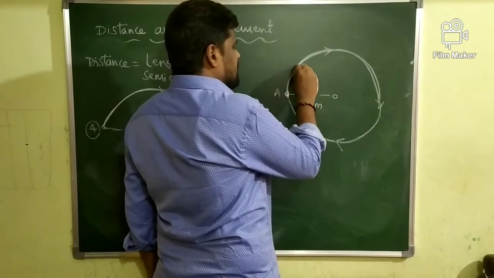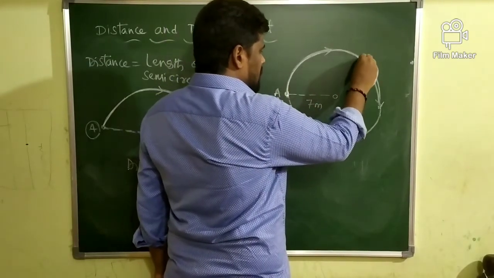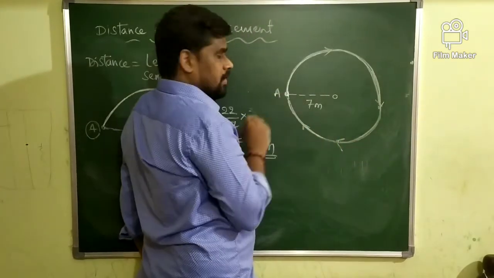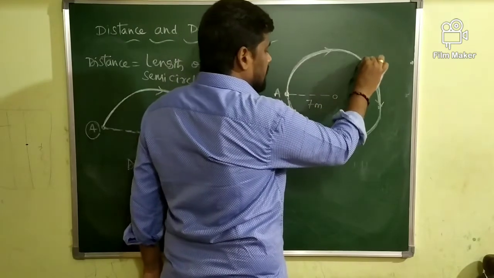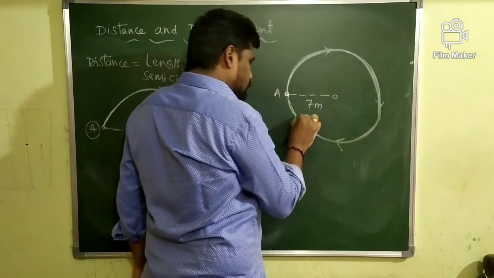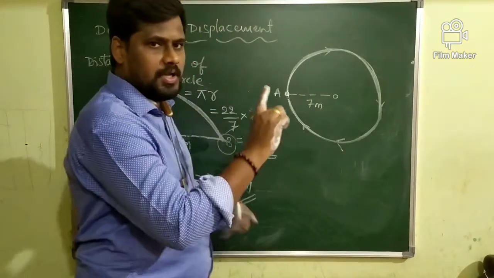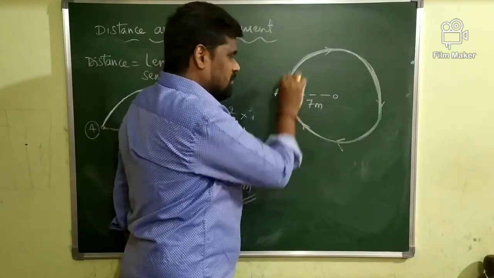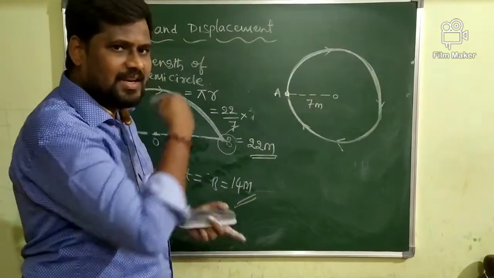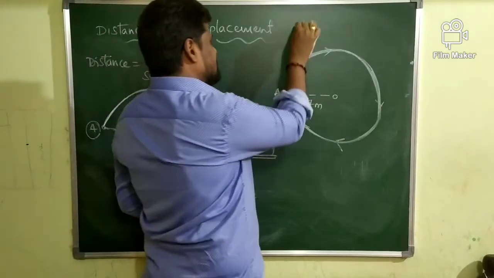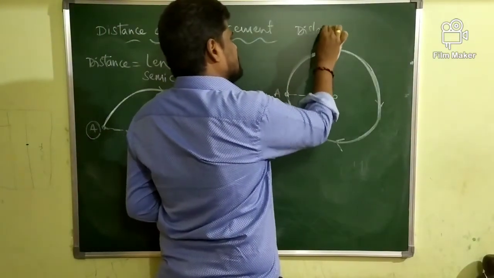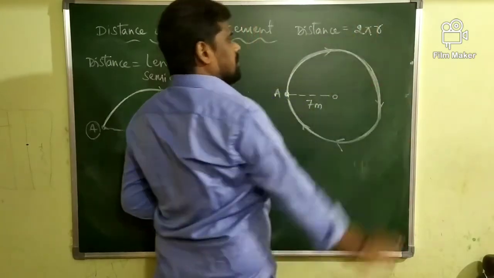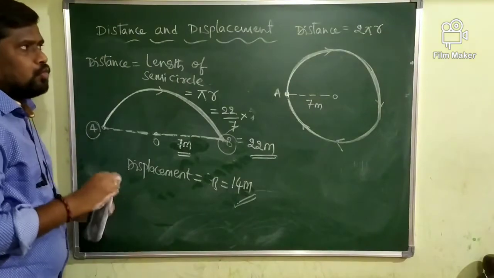The body starts its journey from A, and after completing the circle, it ends its journey at A. The total path taken by the body is equal to the circumference of the circle. Therefore, distance equals the circumference of a circle, which is 2 pi r.